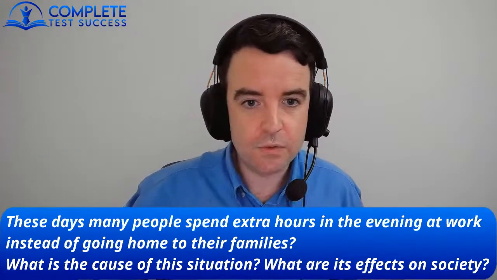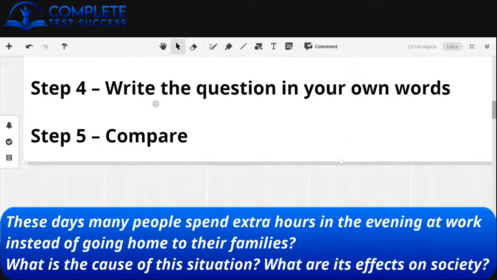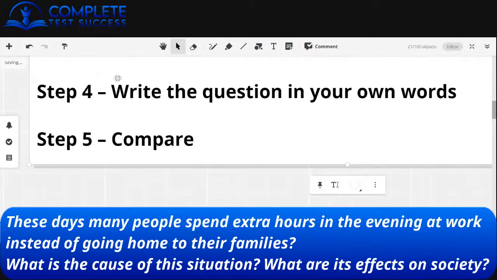Okay, so what I want you to do now is step 4, which is write the question in your own words. And after that, I will compare. So normally you would do step 4 and 5 yourself, but I want you to do step 4 and I will do step 5 for you.